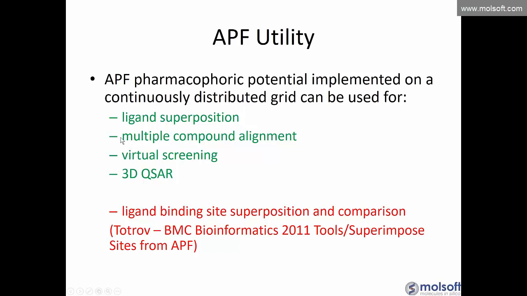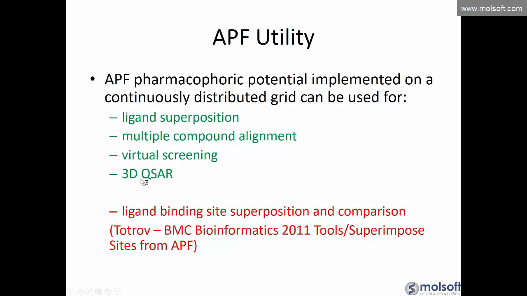If you didn't have the crystal structure ligand, you can just do a multiple compound alignment based on APF. And if you have this alignment, you can then do virtual screening into that alignment, into those superimposed chemicals, and then get a score and find chemicals that have similar pharmacophoric properties in your screening set.